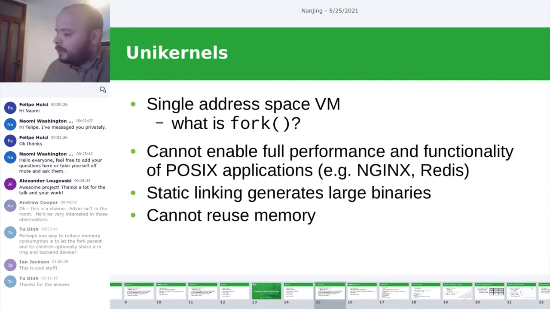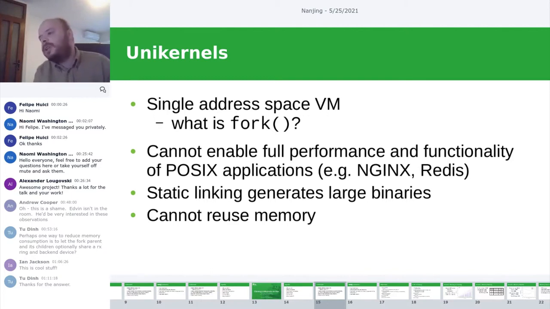Additionally to this generic problem, the mainstream approach for building unikernels is to use static linking, which tends to generate large binaries for applications that have many dependencies.